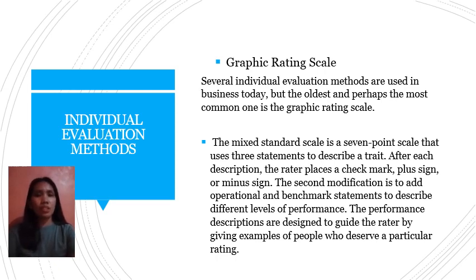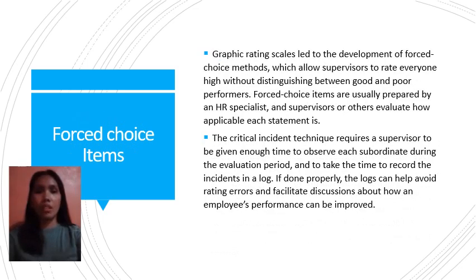After each description, the rater records a check mark, plus sign, or minus sign. The second modification is to add operational and benchmark statements to describe different levels of performance. The performance descriptions are designed to guide the rater by giving examples of people who deserve a particular rating.